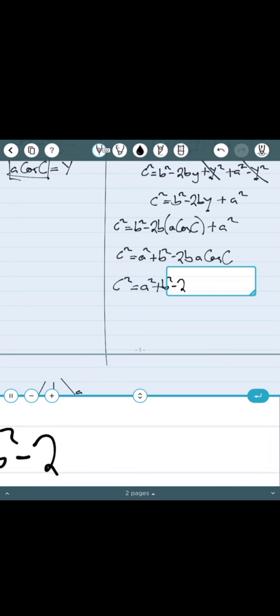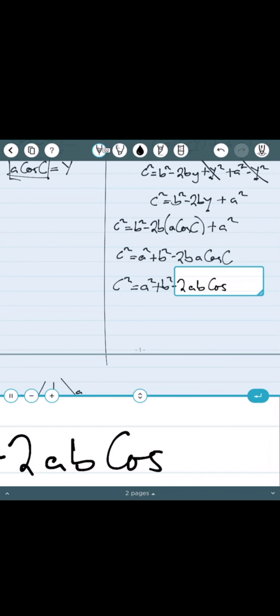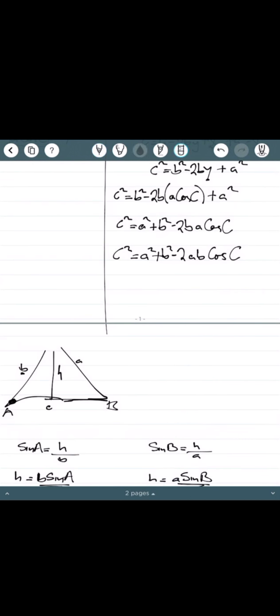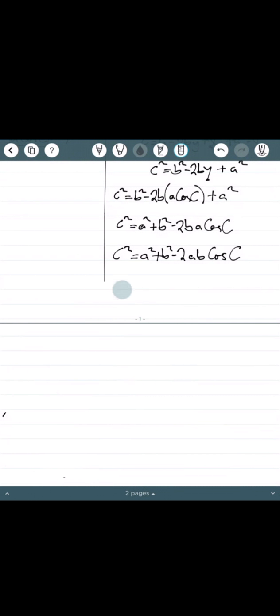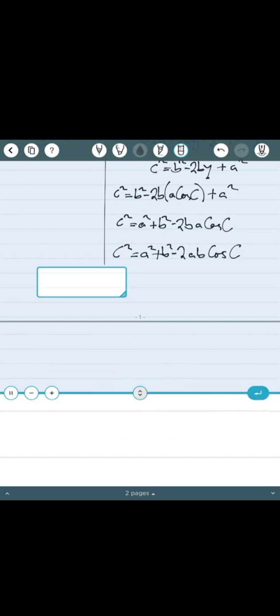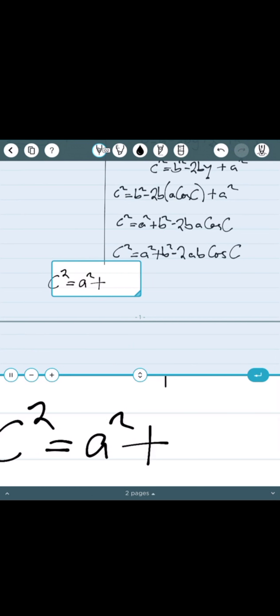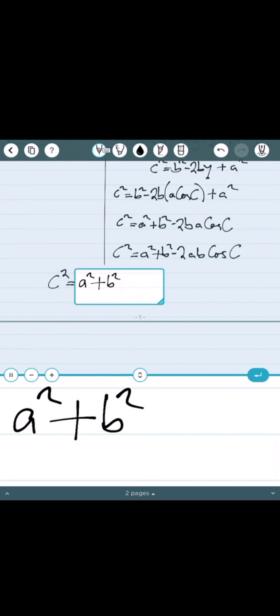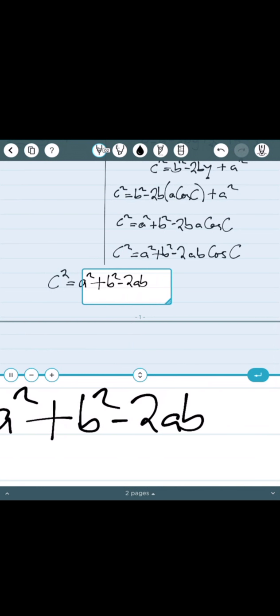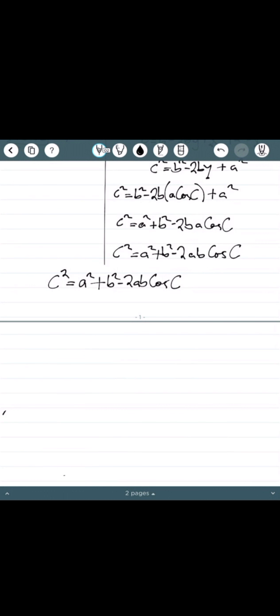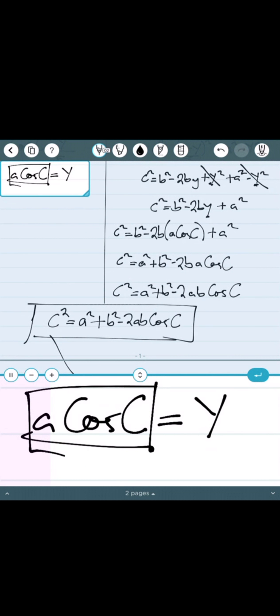So this becomes ab cos c, and therefore now we can conclude to say c squared is equal to a squared plus b squared minus 2ab cos c, and we are saying this is the cosine rule.